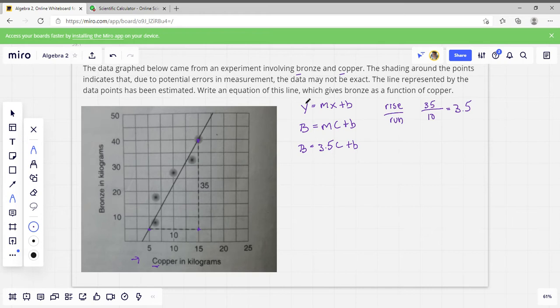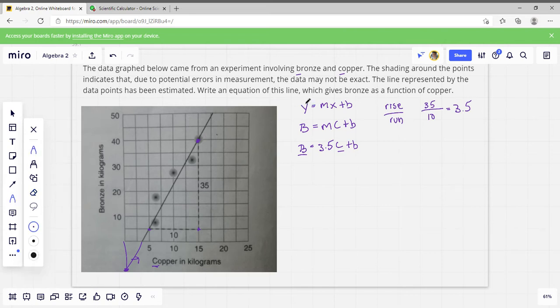Now we have to figure out b, which is our y-intercept, and we can't see where that is. It's down here somewhere. So we have to figure out what that is. We're going to replace our B and our C with one of the points represented on this line. I'm going to use this one at 40. Wait, no, our x value comes first, so our copper comes first, our cross.